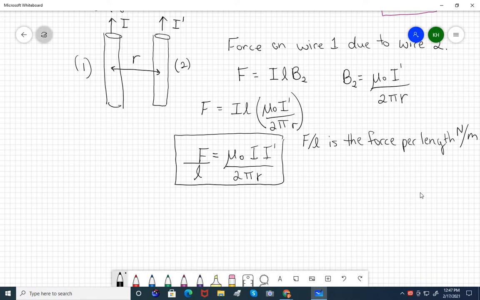The one thing we haven't talked about yet is the direction. F is attractive if I and I prime are in the same direction.